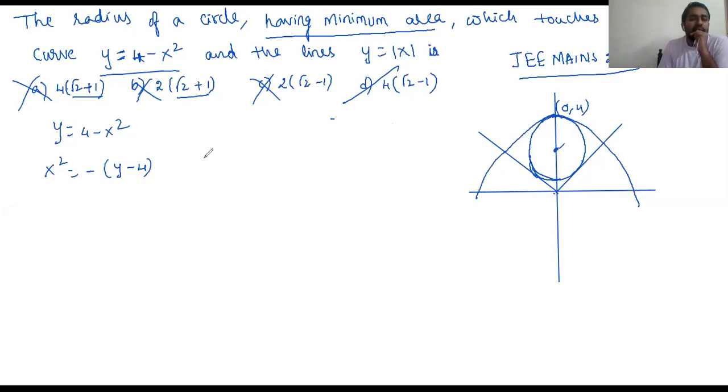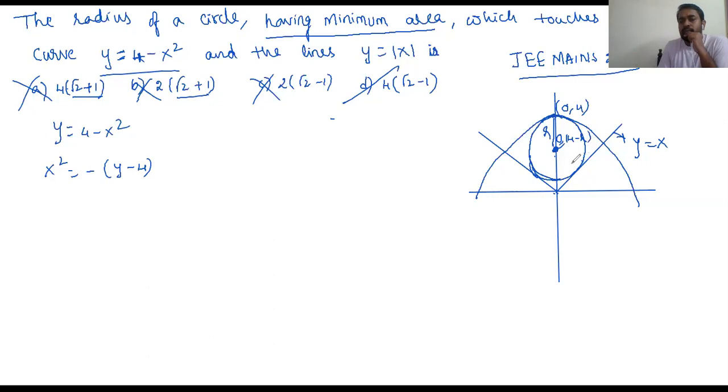This is one way. So the general procedure of solving this is identifying the center. We know this line is y equal to x. So we know the line, and we know a point. This point is 0 comma 4, this distance is r. So what will be the distance from here to here? 4 minus r.